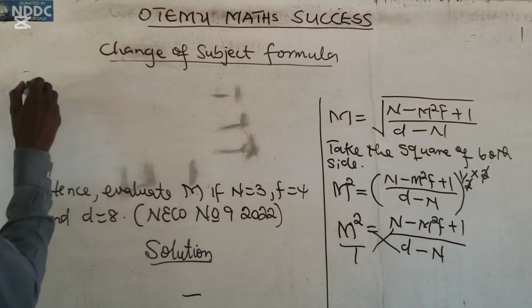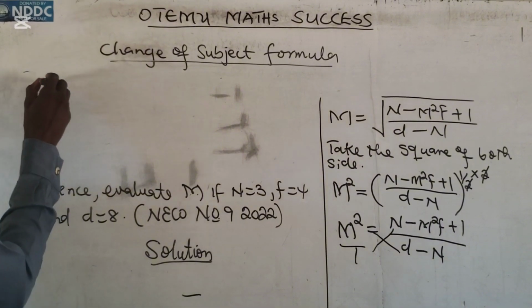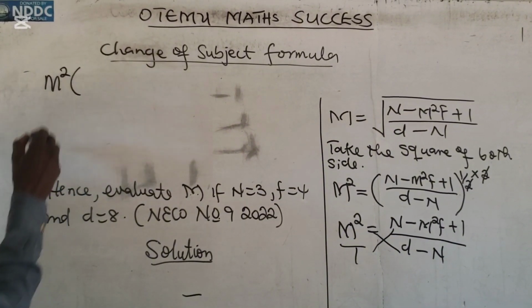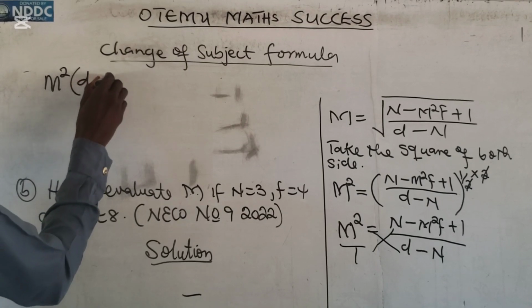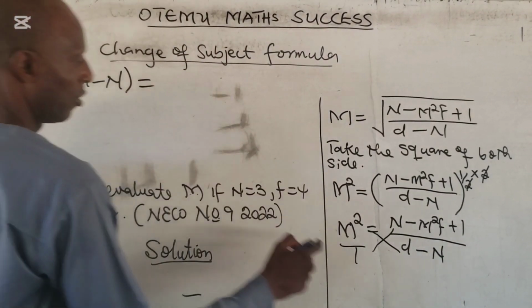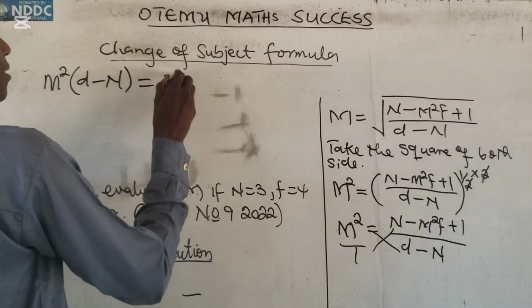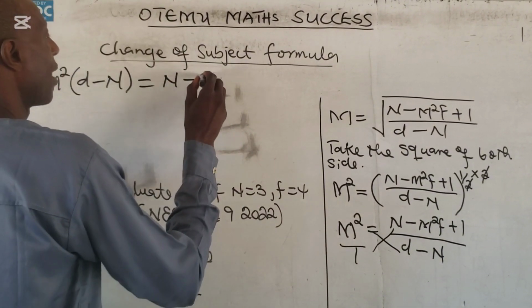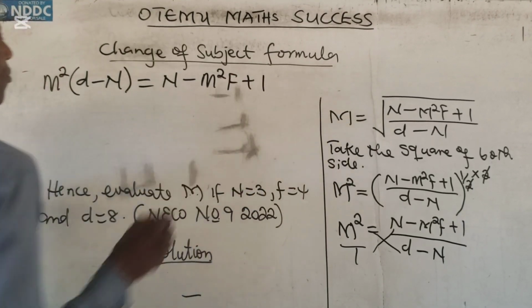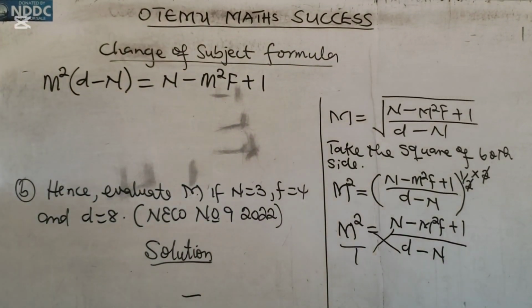So now, M square is multiplying D minus N. This multiply this, which is equal to this times this, which is N minus M square F plus 1. So what we do is to clear the bracket.